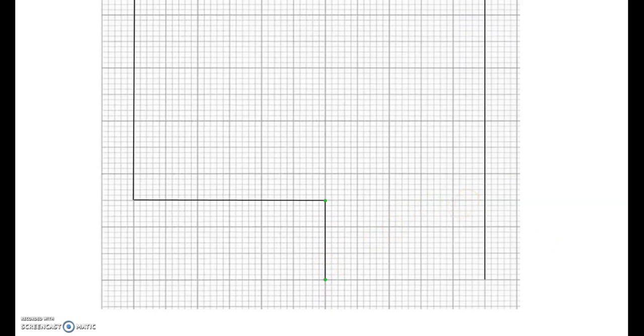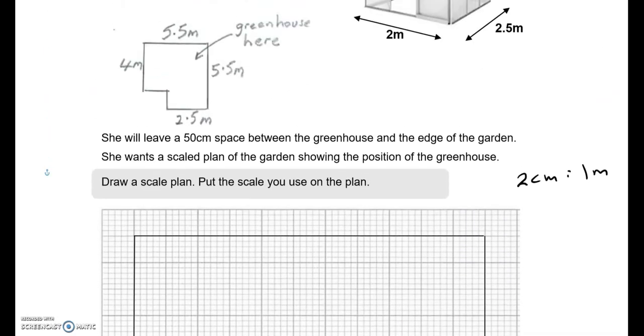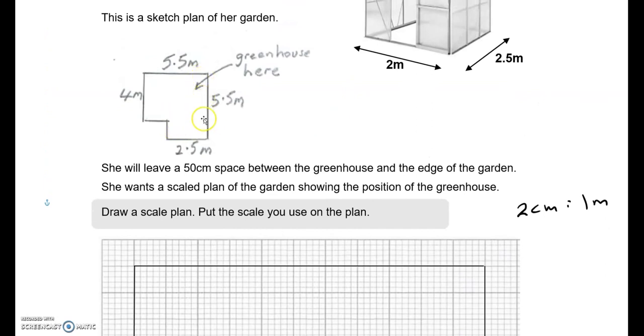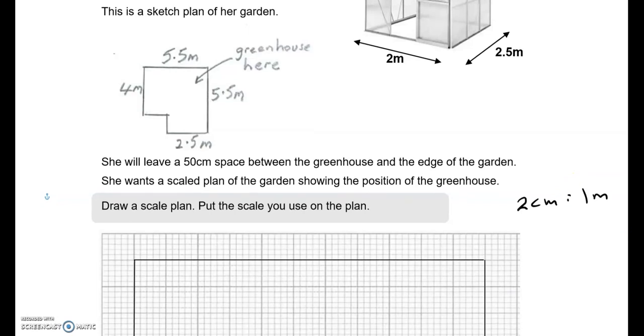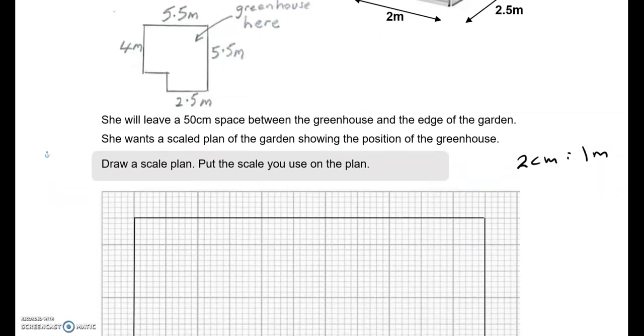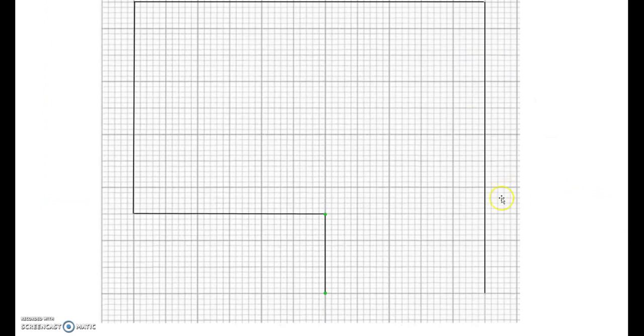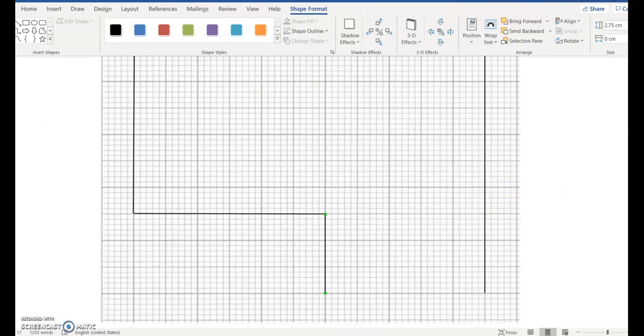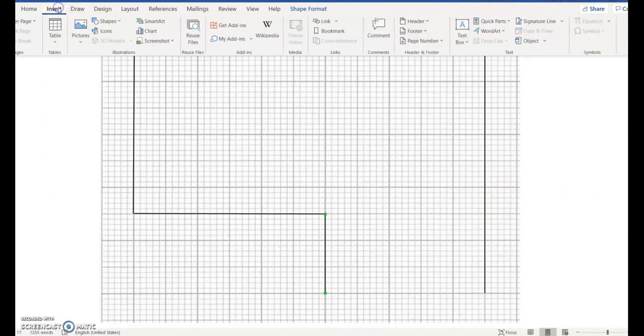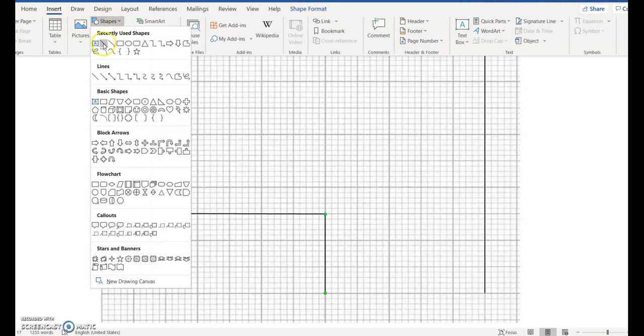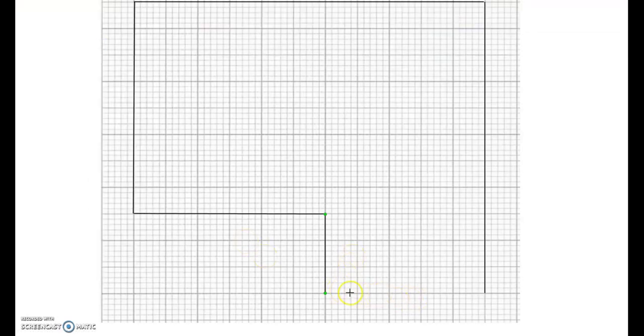Let's just double check this one. So 5.5, take away 4, leaves us with 1.5, which would be equal to 3 squares. And that is what we've got. And finally, this 2.5 meters length, which is represented by 5 squares here. 1, 2, 3, 4, 5, which is correct.